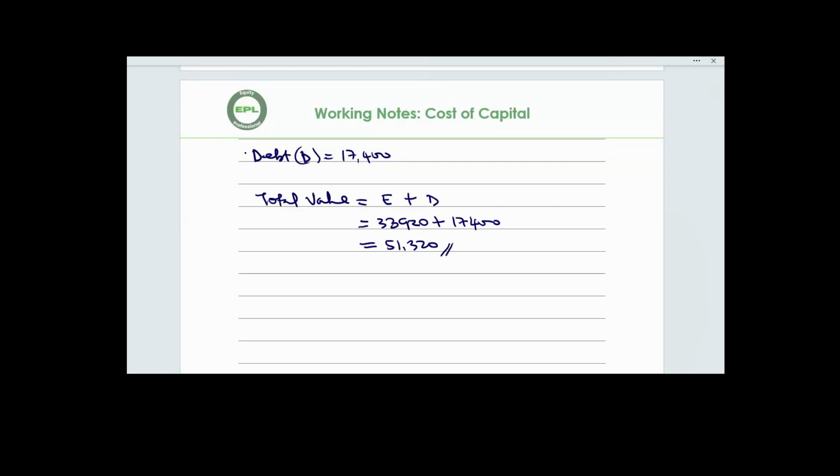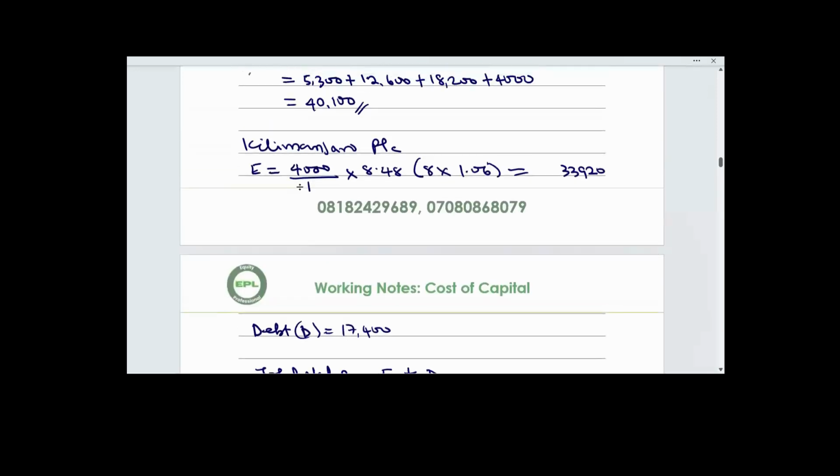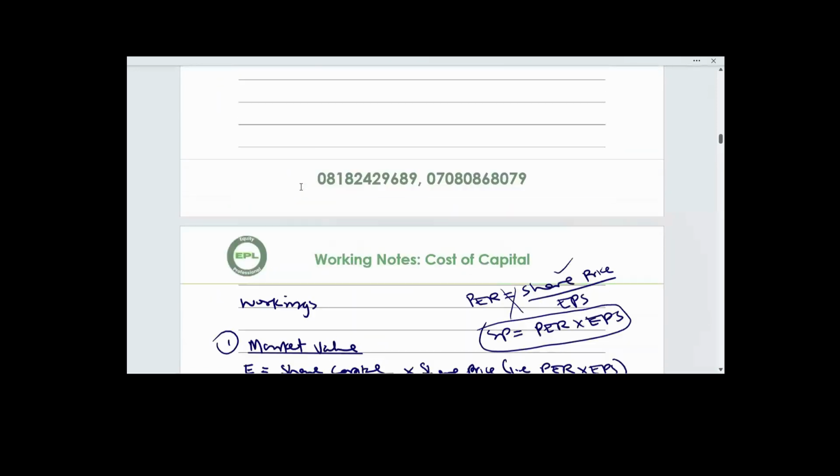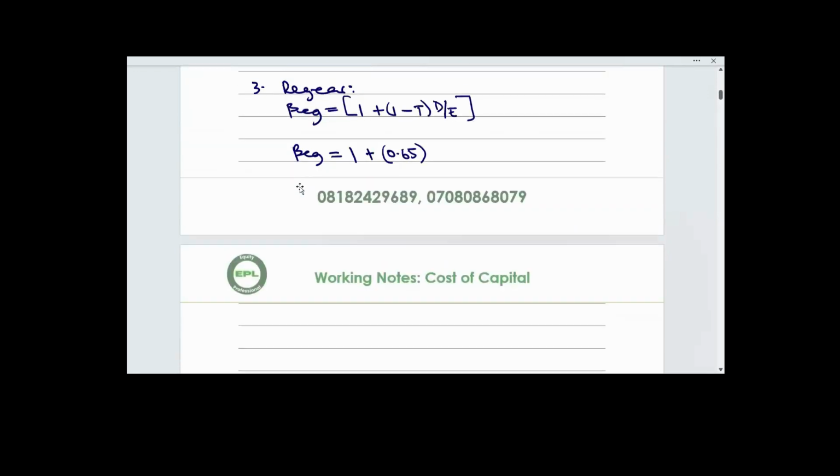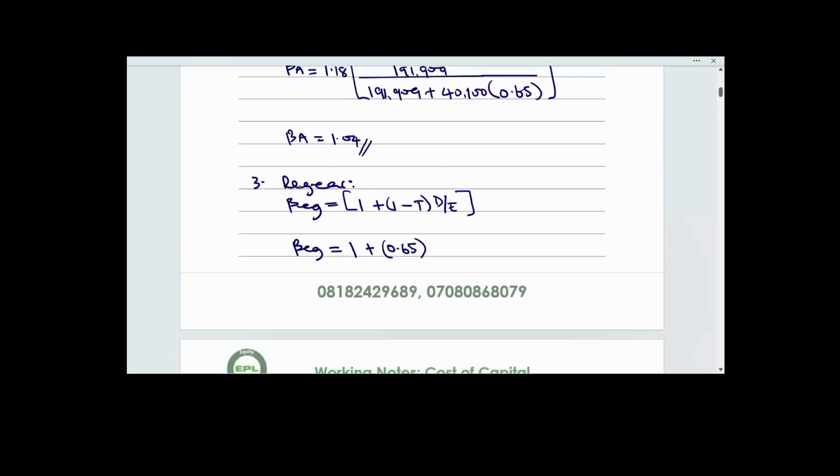That's the total value of Kilimanjaro. So let's go up there. Value of debt is 17,400 over value of equity 33,920.